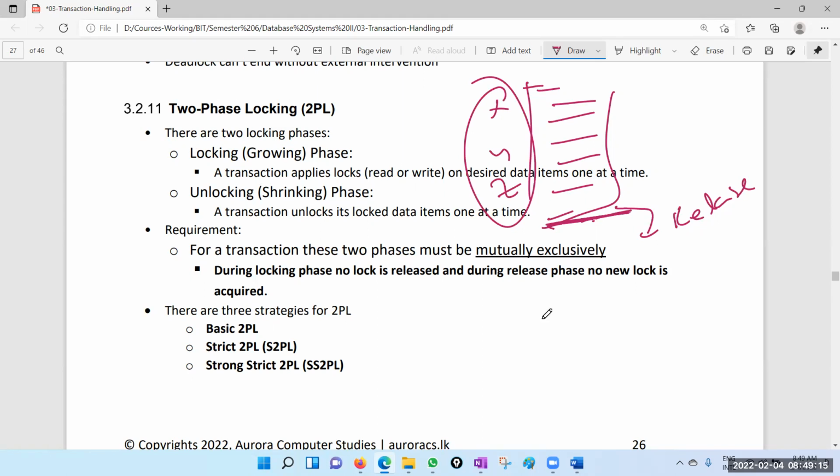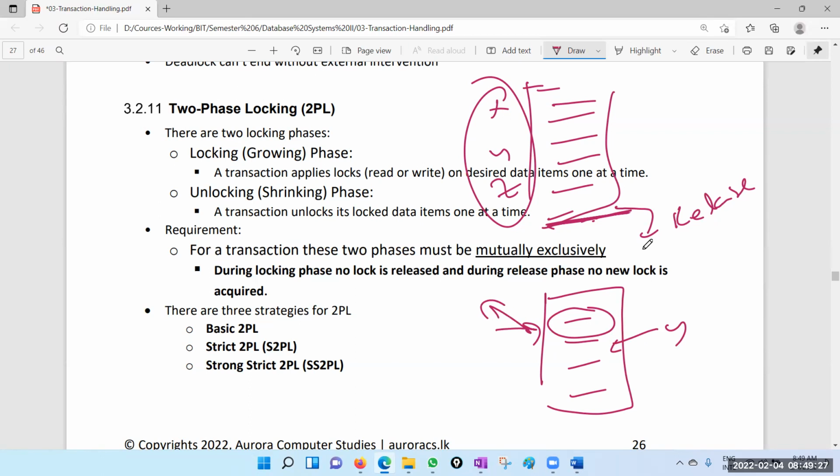The second approach is that you release your locks gradually. Once you are done with resource X and now you are working with resource Y, you release the lock on X so that others have a chance to acquire it. So that is the second strategy. The first strategy is safer, but it is overall inefficient.